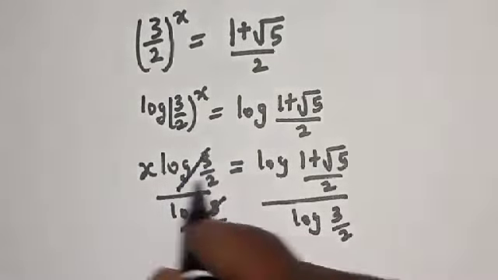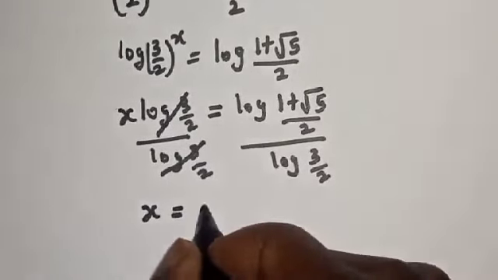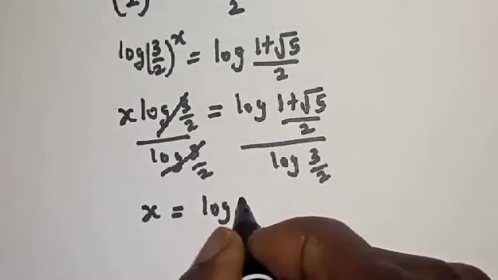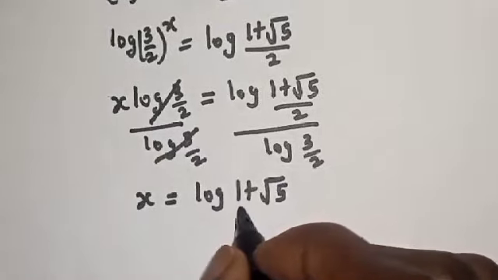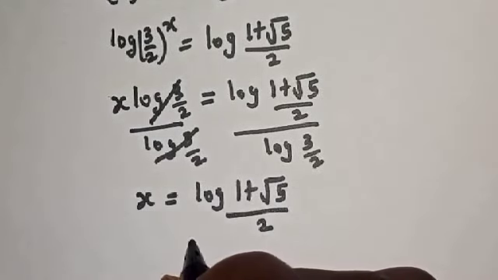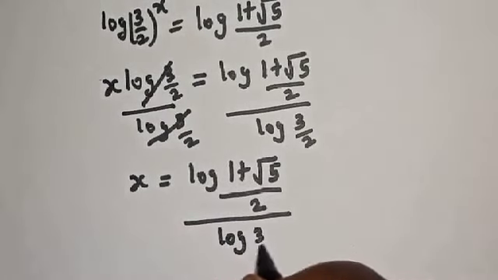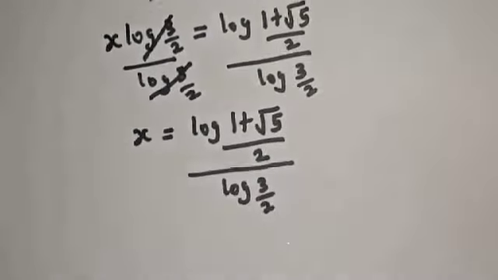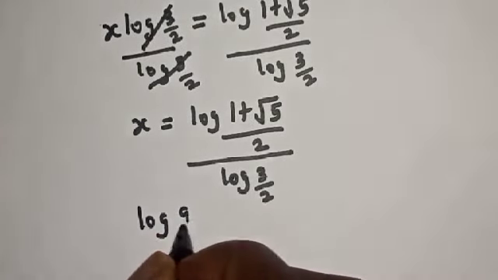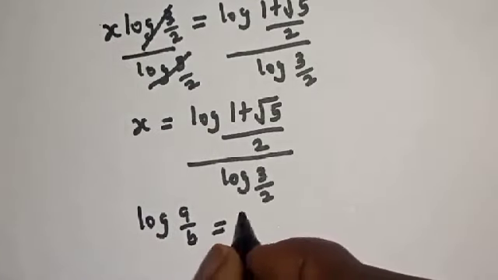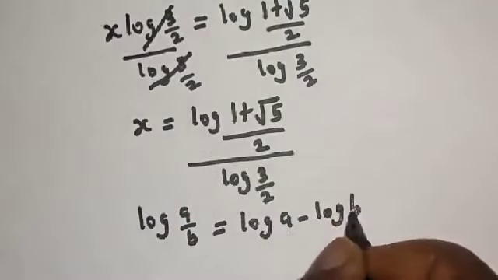This one will cancel this. We have x is equal to log 1 plus root 5 over 2 divided by log 3 over 2. Take note of this rule that if you have log a over b, this is equal to log a minus log b.